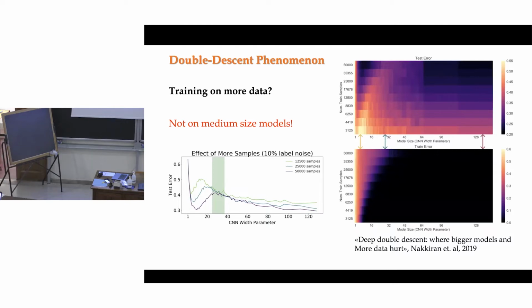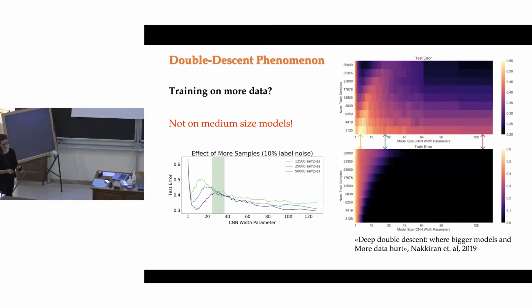And let's say that now we want to see the effect of not only the parameters, but also changing the number of data, right? So here you're changing the training sample, and here you're changing the model size again, and you try to compare the training error and the test error. People usually think that if I have more data, then I generalize better, right?